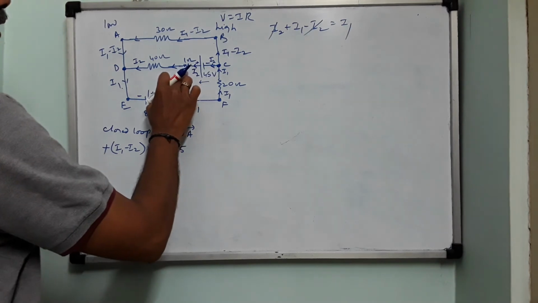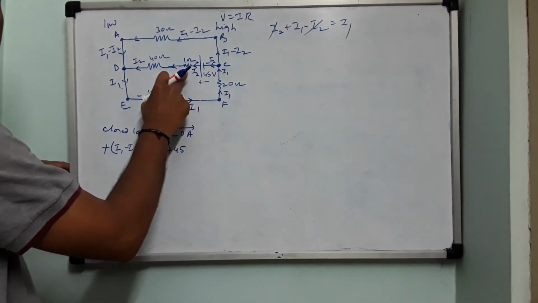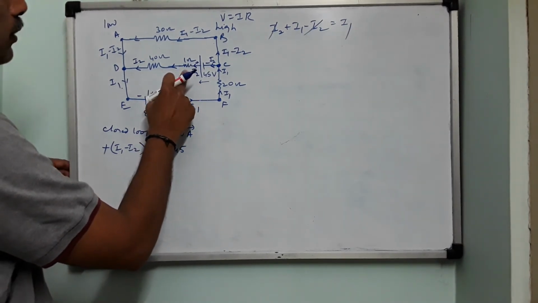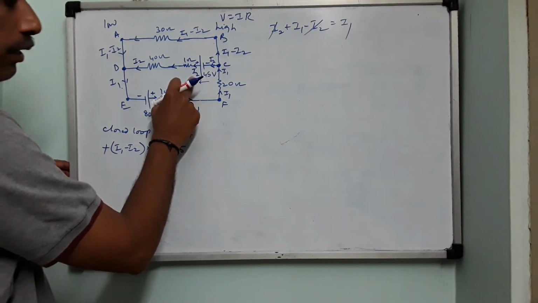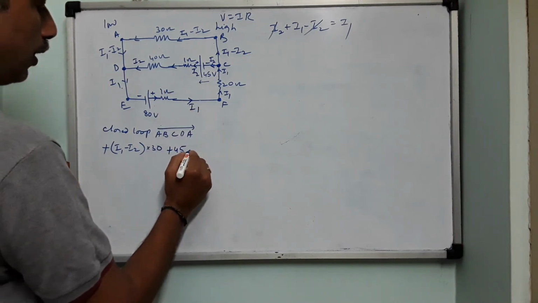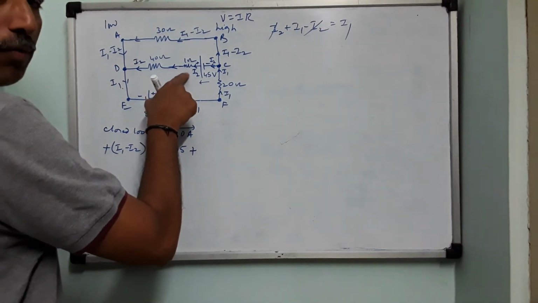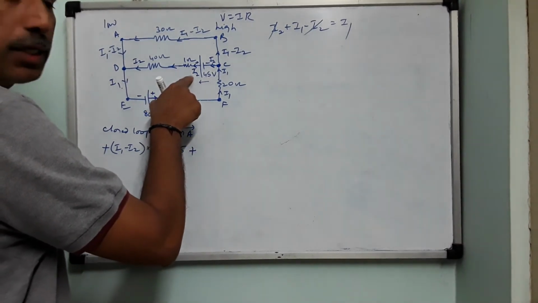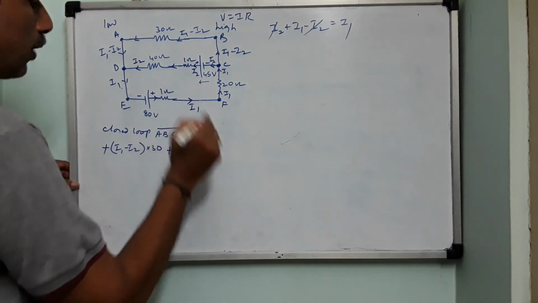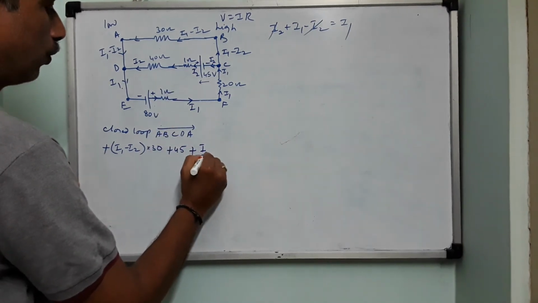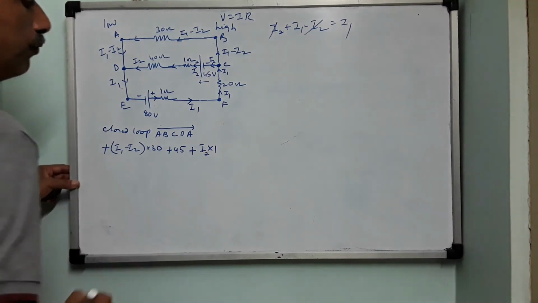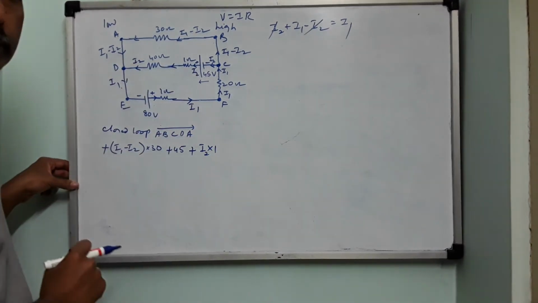Then you come across this resistor. How much current is flowing in this? I2 current is flowing. The potential difference across this 1 ohm is V equals IR, that is I2 times 1 ohm. Is it positive or negative?